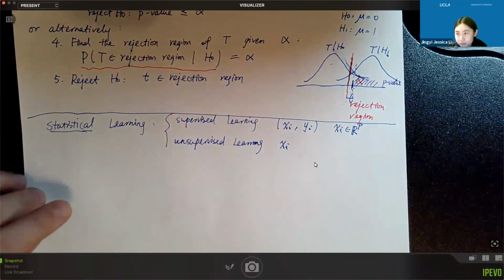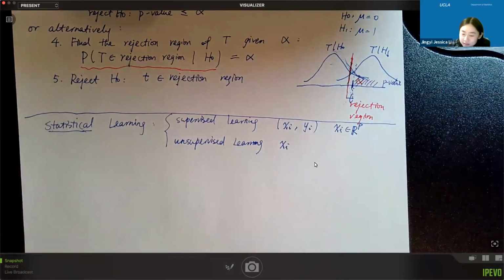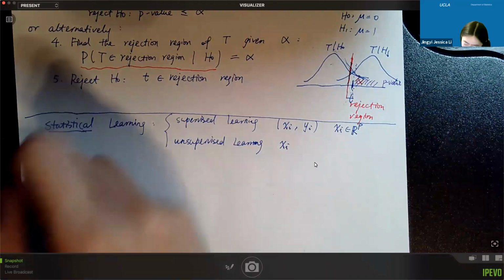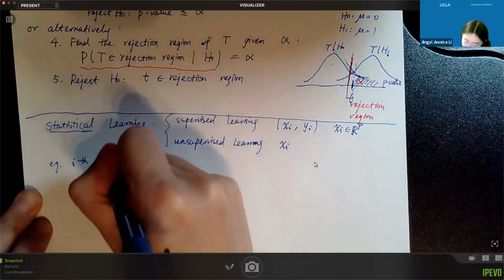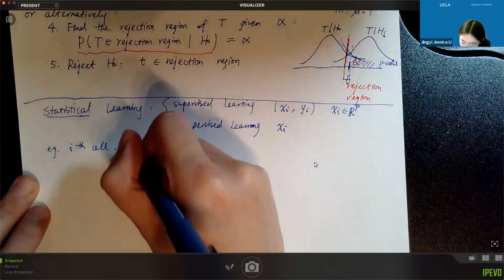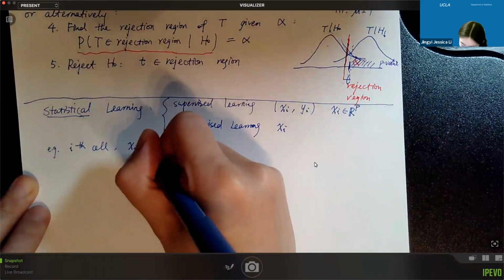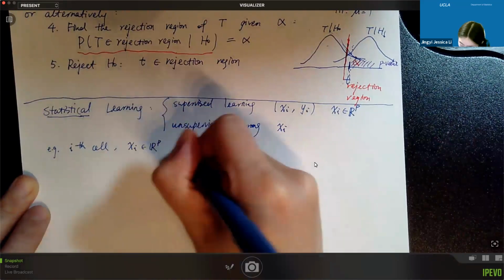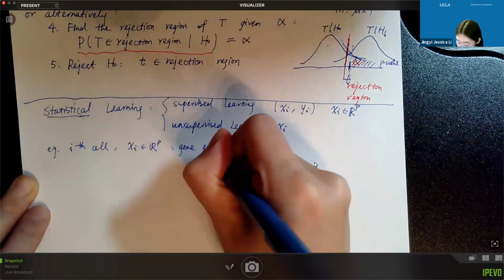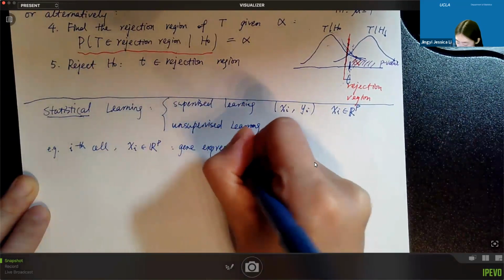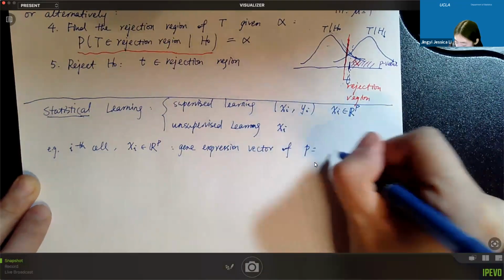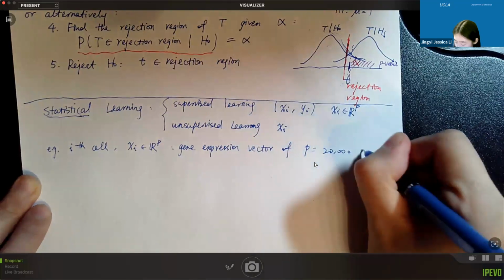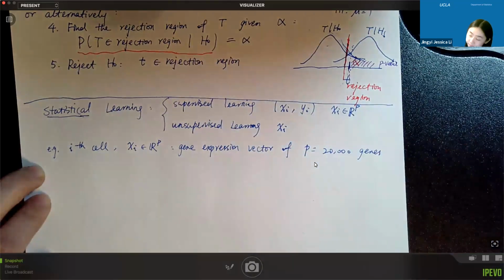For example, if it's a cell in the single cell data for your project, in the ith cell you can consider xi to be the gene expression vector of, let's say, 20,000 genes.